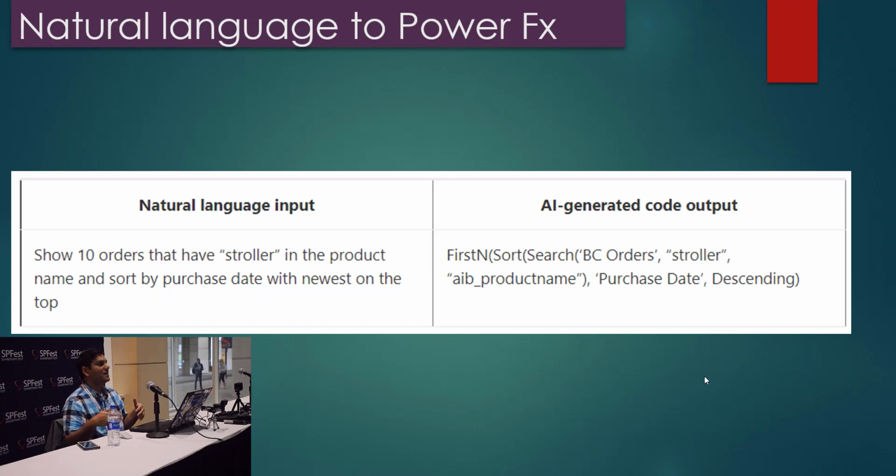So it's not going to automatically just do it for you and you get the outcome. It'll actually give you the output code. It'll actually give you that, hey, if you want to see the first 10 orders of that item, it's going to be first, and open the brackets, sort, and then search. It'll actually give you that formula. And so now you won't have to worry about taking care of any of the stuff where, okay, is it delegable? Am I getting all the right answers?